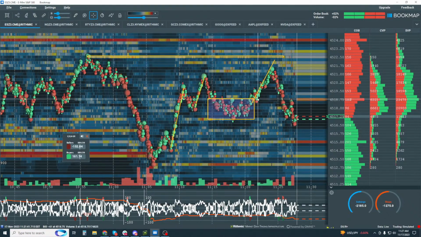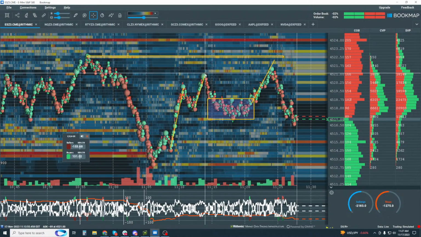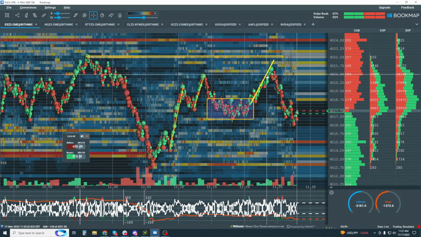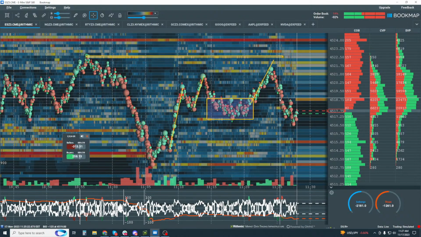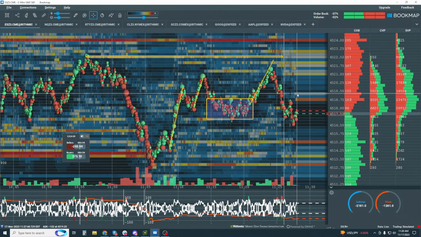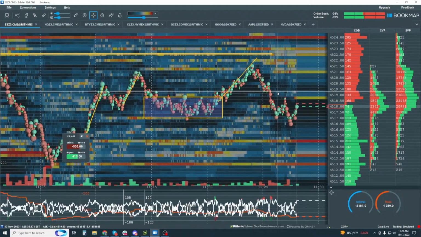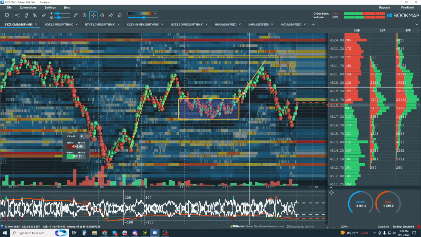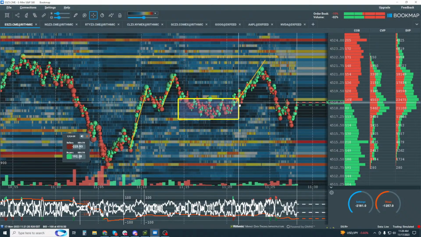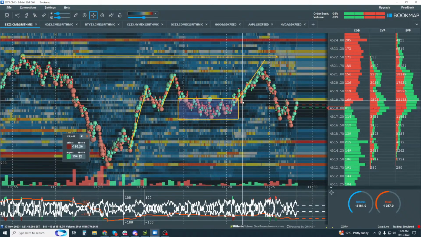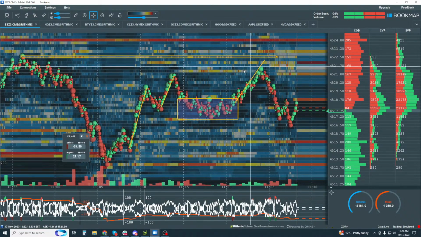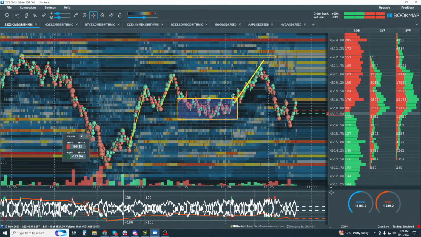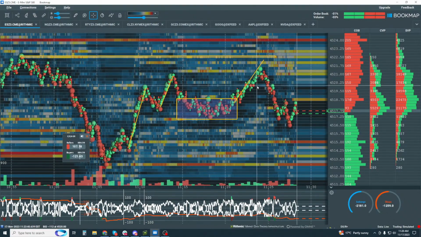But this is where we would have taken some off up here, looking for 21, taking some off, putting your stop at break even, get stopped out at break even. You don't know, and look for the next setup. And at least you made some money. It's about the risk management at that point. We didn't take the greatest setup, so we got something out of it, and look for a better one.